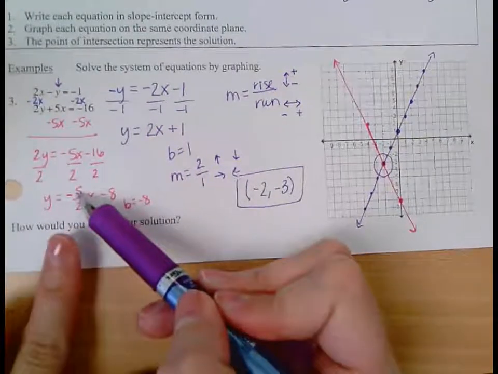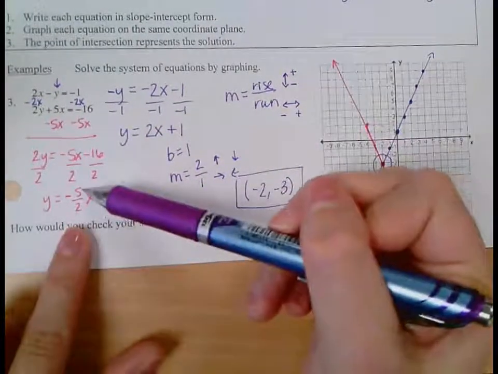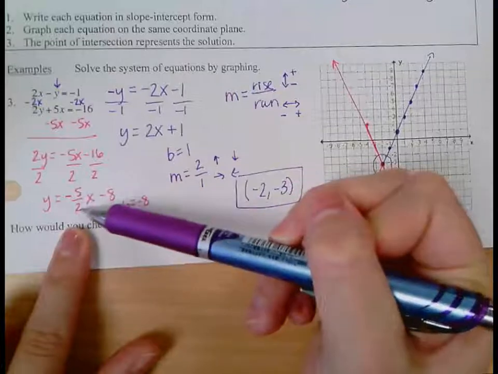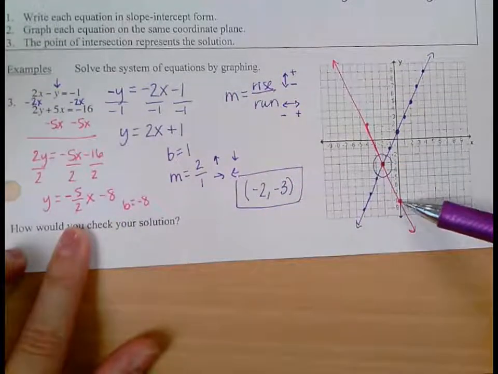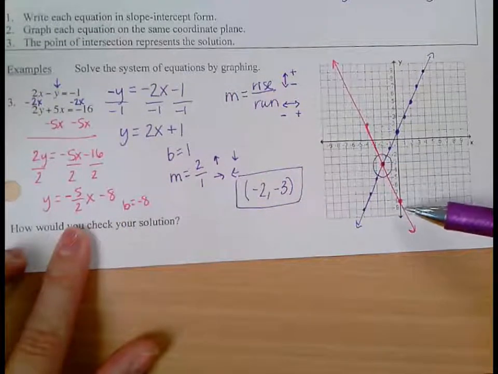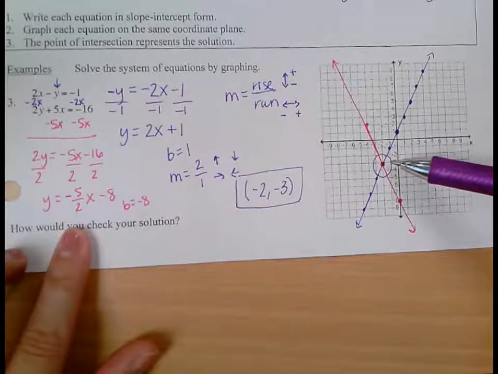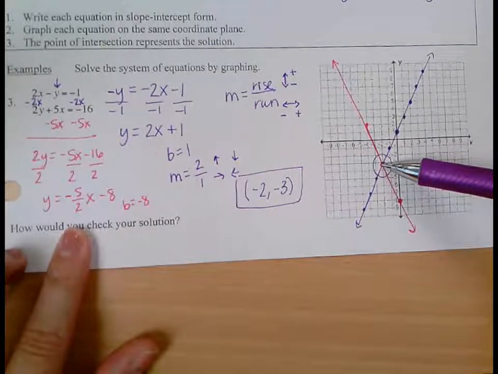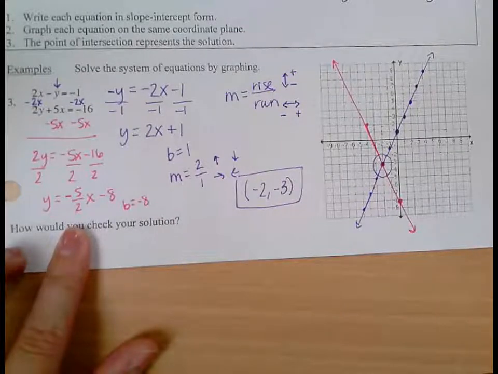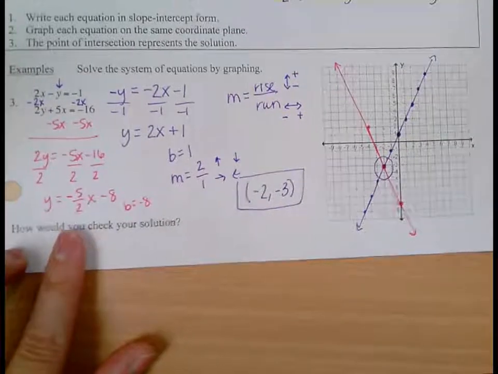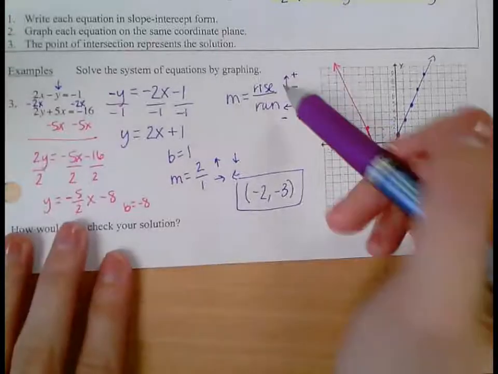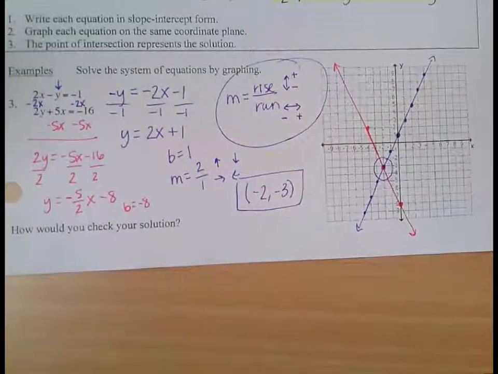So like -5/2, I would typically go down 5 and then right 2. But because I would be off the graph, I can also do the exact opposite and go up 5 and then left 2. Does that make sense? Okay. That's a good review for everybody.